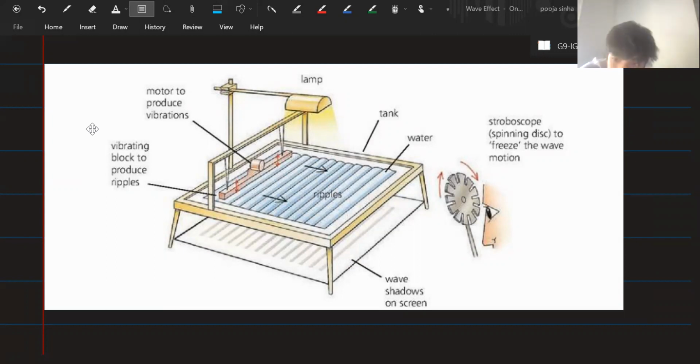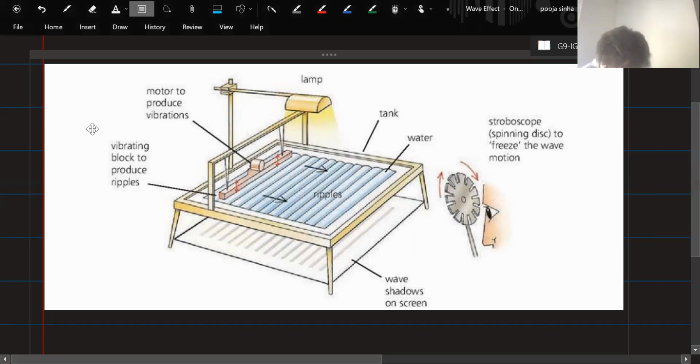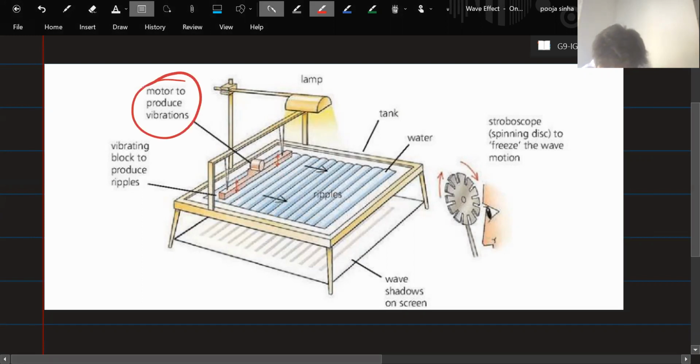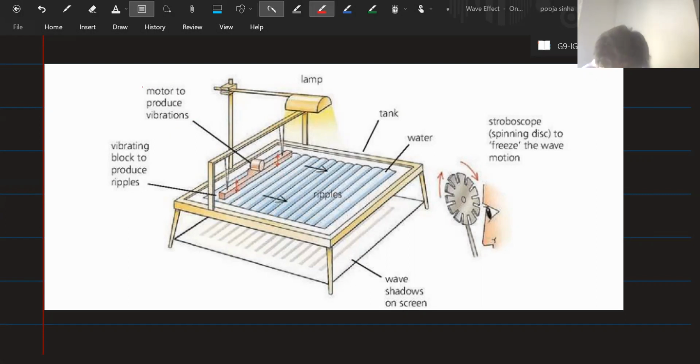On the screen, there is a motor. The motor is there to produce the ripples. Just below it, it is written vibrating block to produce ripples.